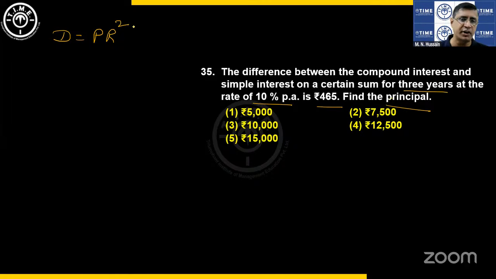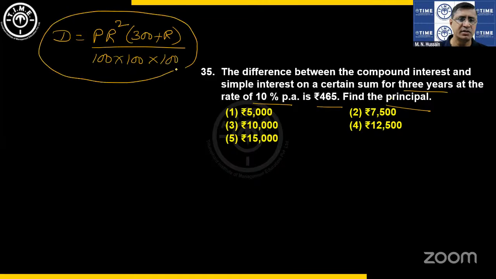Difference is equal to PR square into 300 plus R by 100 into 100 into 100. This is the best formula to find the difference between the simple interest and compound interest for a period of 3 years.